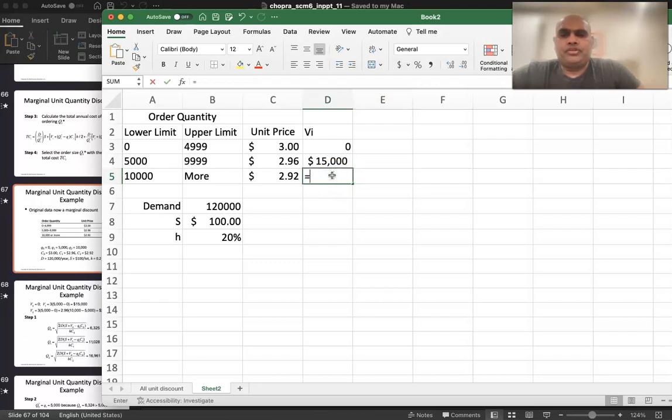Next, V2. We have the $15,000, so it's going to be 3 times 5,000 plus the $2.96 times the difference between 10,000 and 5,000. Let me just use the same 5,000 here.